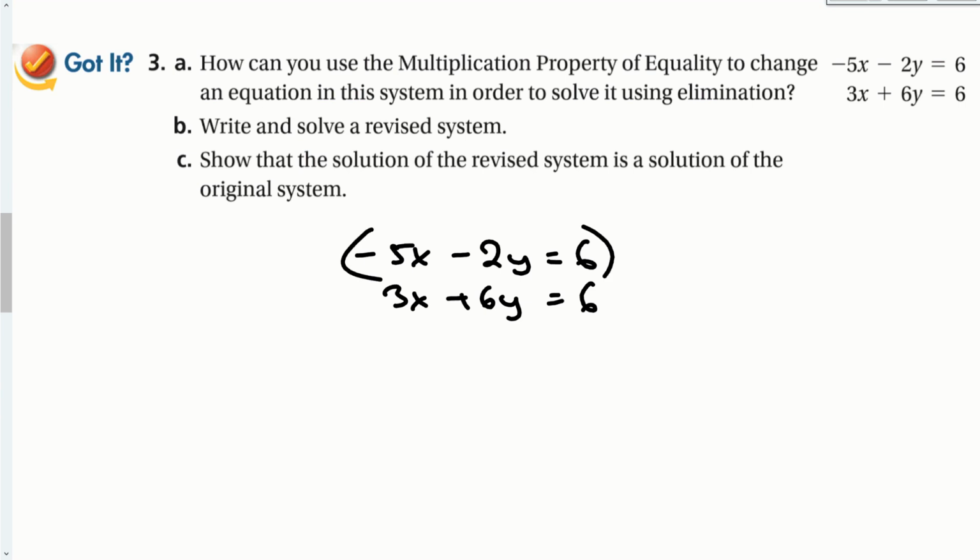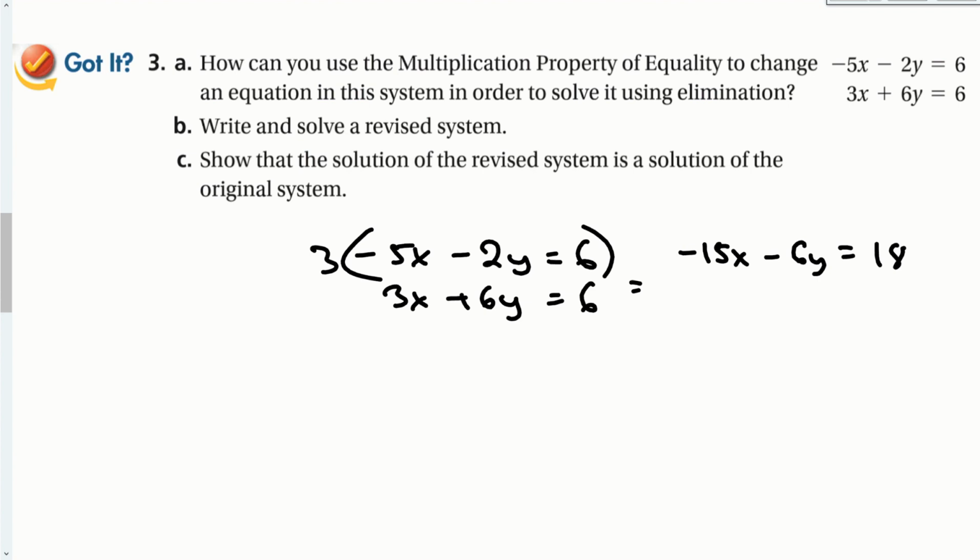But if I multiply the top one by 3, yes, 3, the y's will cancel. So my new system becomes negative 15x minus 6y is equal to. Now, the biggest mistake people make is don't forget to not only multiply the left side of the equation by 3, but you have to multiply the right side as well.